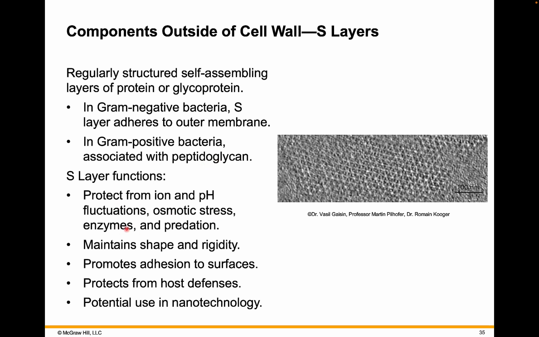Again, we have already talked about that. They protect from ion and pH fluctuation, osmotic stress, enzymes, and predation as well. They maintain the shape and rigidity of the cell, promote adhesion, and protect from host defense, and a lot of industries are very interested in their potential use in nanotechnology.